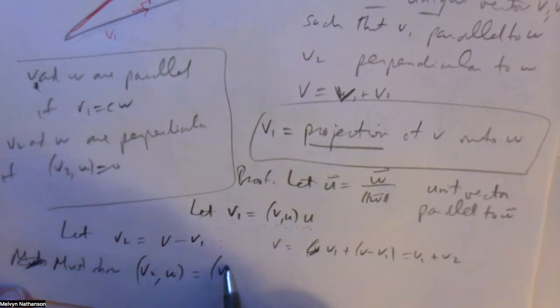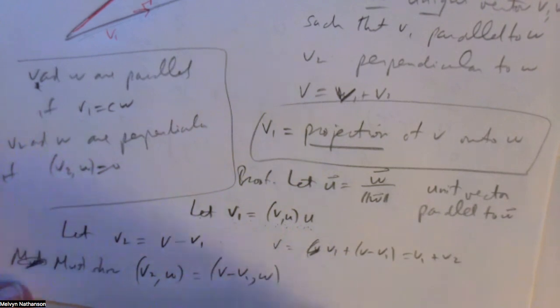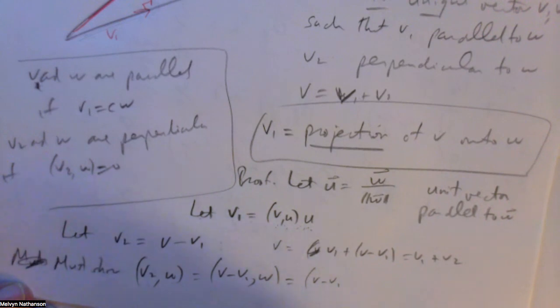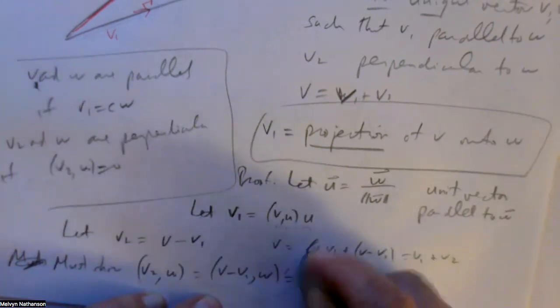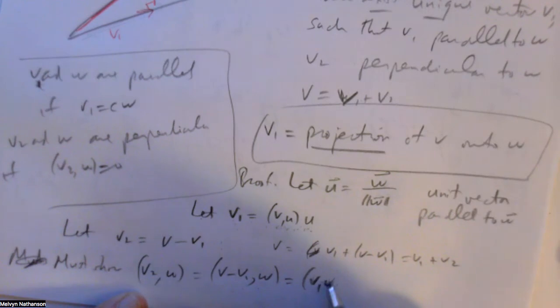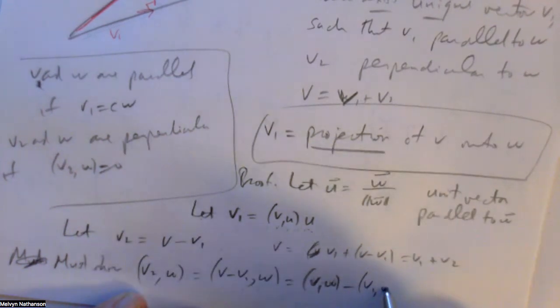V2 is V minus V1, in a product with W. Let's see. This is V minus V1. V1 was the inner product of V with U and U. Oh, sorry. Let me just start to write out the equation, see what happens. So V minus V1 inner product with W is VW minus V1W.